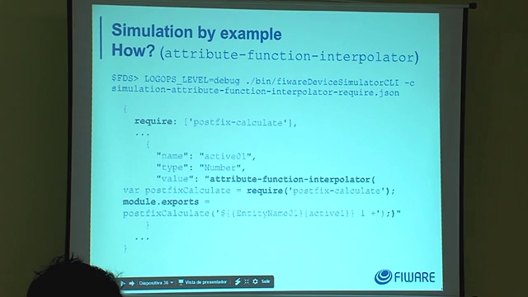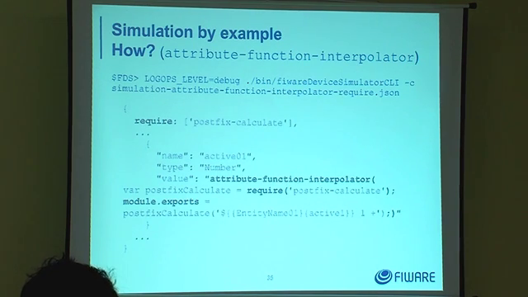Here, a more complex example where, as you can see, you can also use requires. You can require almost any NPM package to generate the final data which will be assigned to the attribute. In this case, we are using the postfix calculate NPM package, which uses the format you can see on the screen, operator sign to get the final result.